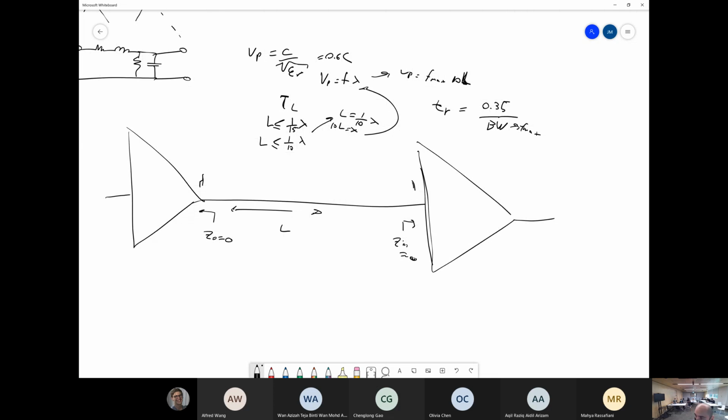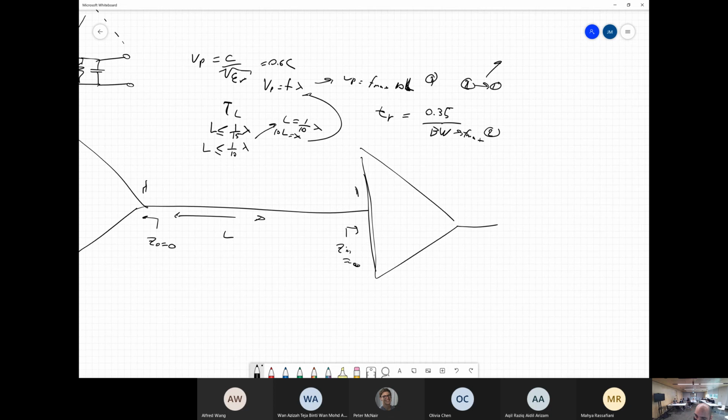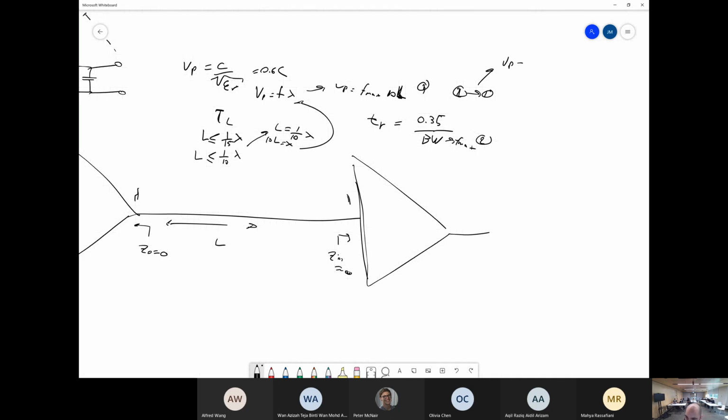So then you combine 1 and 2. After rearranging, you then get VP equals 0.35 on T rise times 10L, right?